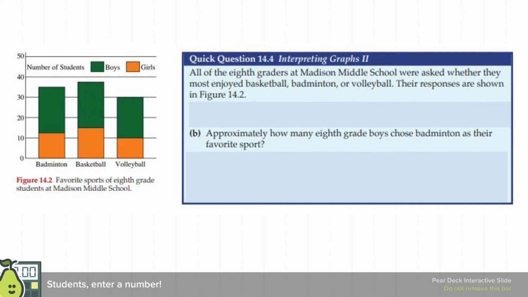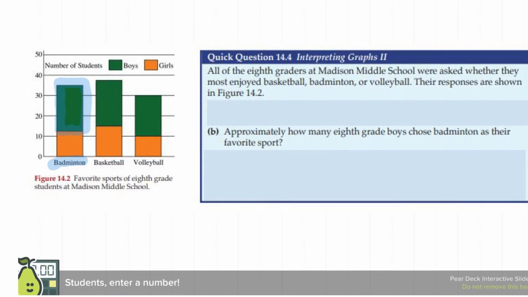The next question says approximately how many 8th grade boys chose badminton. So if we go over here to badminton, and we're just looking at the boys, it is this green section. So we're going to have to do some subtracting to figure out what this number is. Let me go ahead and move this over a little bit.